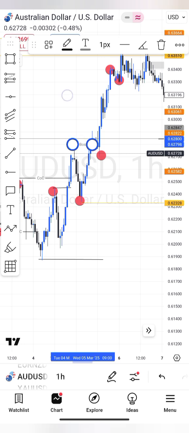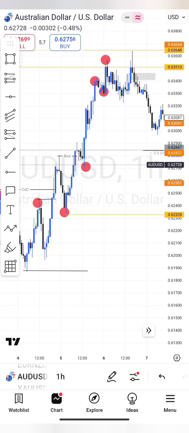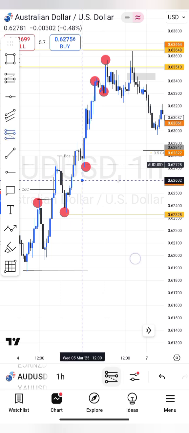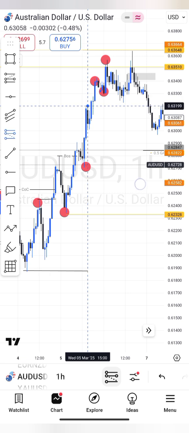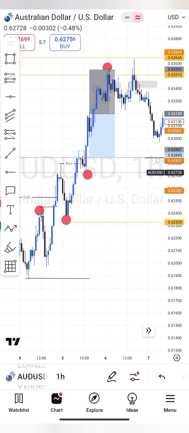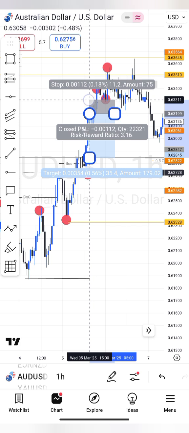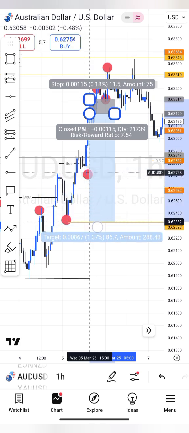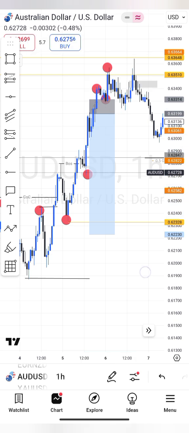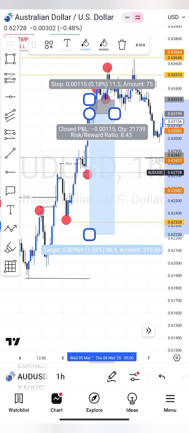Now even if you decide for some weird reasons to sell from somewhere here, let's say you saw this candlestick and you were convinced that we are selling. Even if you decide to, knowing that this is a strong low, why will you come and put your take profit here? Do you see why it's important for you to understand market structure?